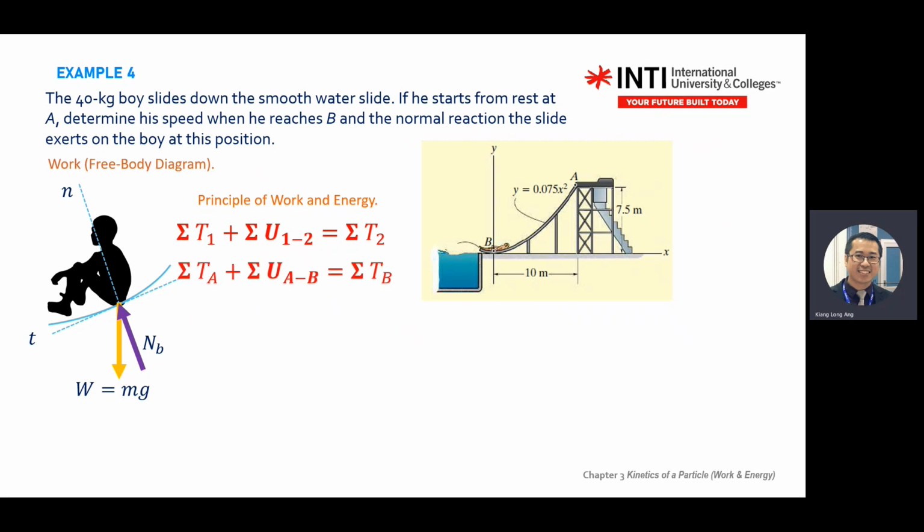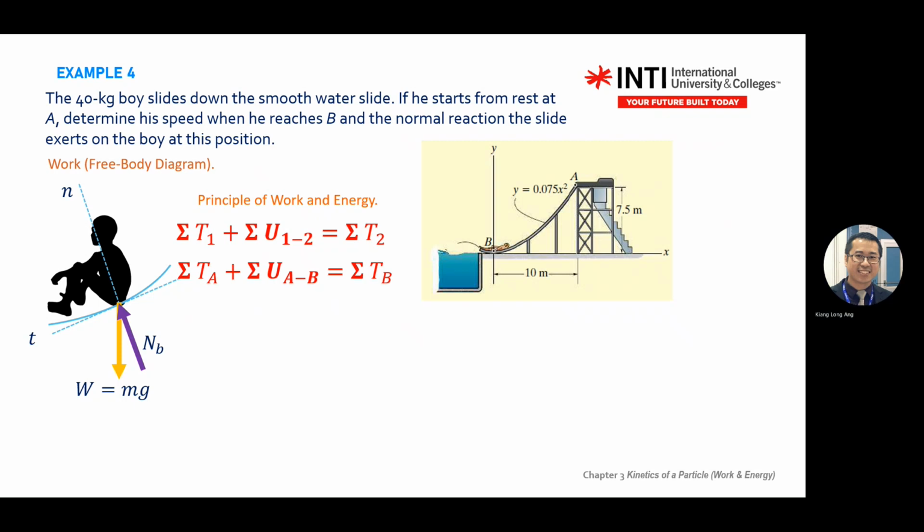So you write the kinetic energy at point A, plus the work from A to B, equal to the kinetic energy at B. Then you start to analyze. What is the kinetic energy at A? What is the kinetic energy equation? Half mv squared. What is the speed initially? Start from rest. So T_A is 0.